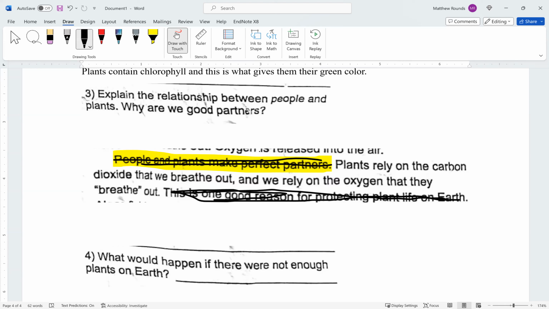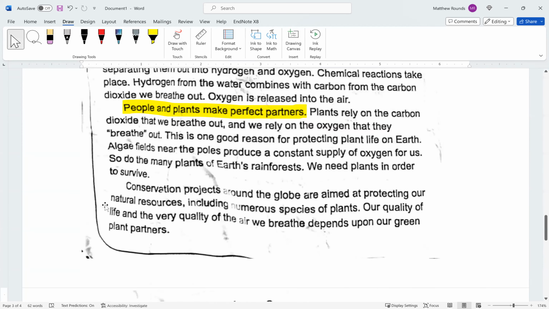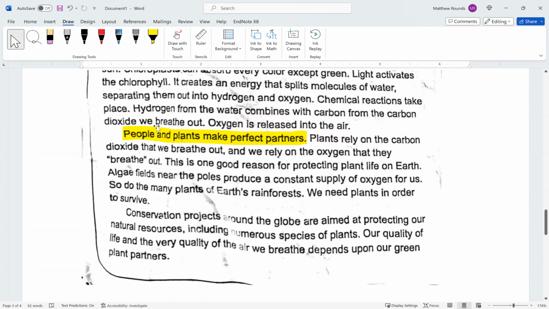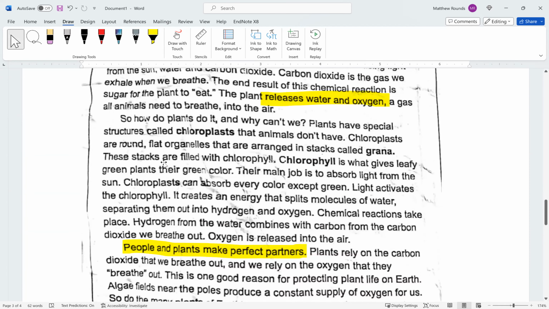Done. All right, question 4 says, what would happen if there were not enough plants on Earth? That's a bad thing if there were not enough plants on Earth. Let's go back and look. All right. So let's see if it says it directly anywhere.